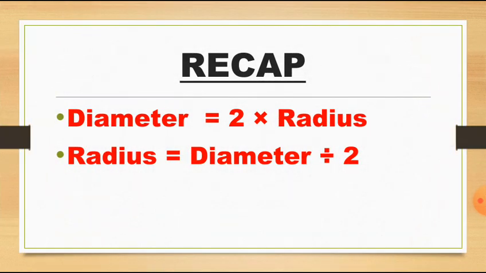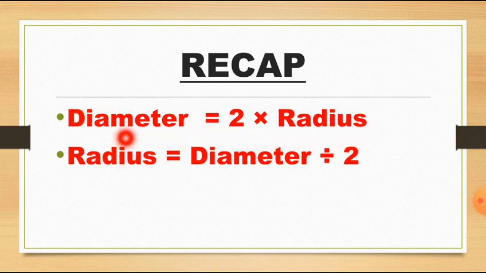First, we will recap the concepts we learned in the previous classes. The important topic we learned in this chapter is the relation between diameter and radius. Tell me, children, what is the relation between diameter and radius? Yes, diameter is equal to 2 into radius.